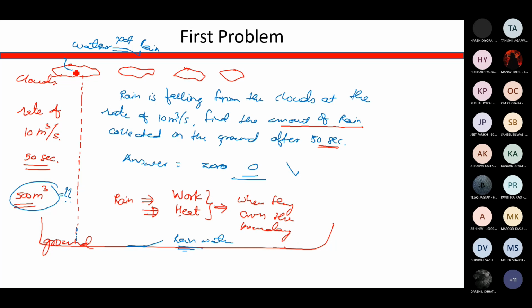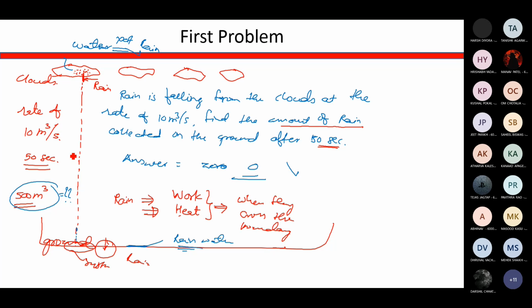Whatever the state of the water present in the cloud, we do not call it rain. The moment it crosses the boundary here, we start calling it rain. And up to what point? The moment it touches the ground and enters another system. Up to this point we call it rain, and the moment it touches the ground, again we call it rainwater and not rain. So what is rain is in between.